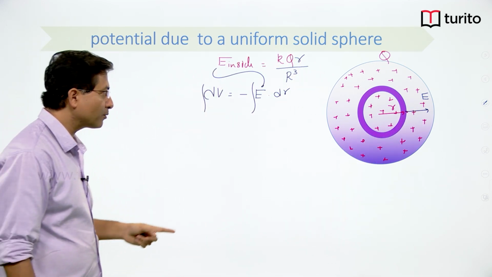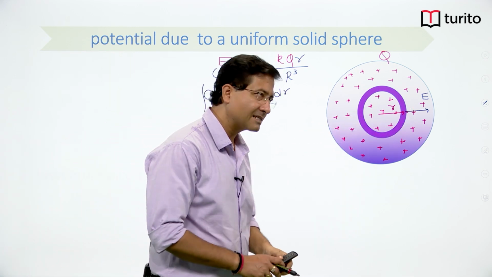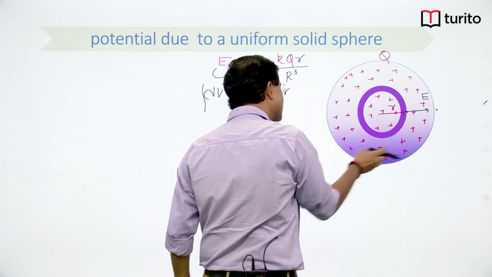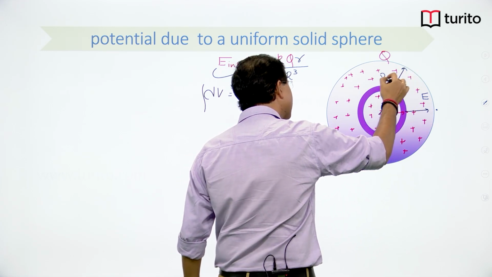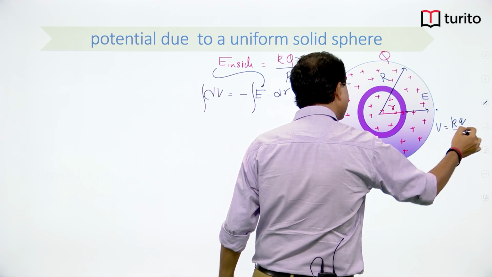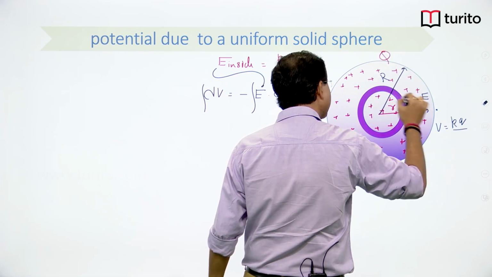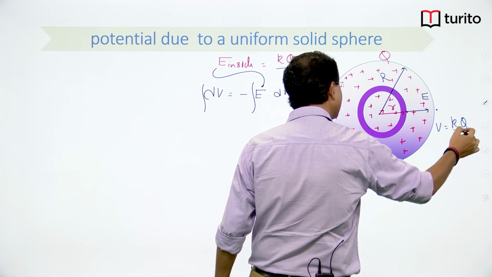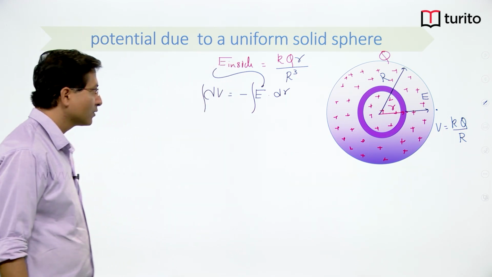I do not know what would be the potential at center or any other point except on the surface, because for surface I can say that whole charge is concentrated at center and at distance capital R, I can write potential V is equal to K capital Q divided by capital R. So, I know the potential at surface.